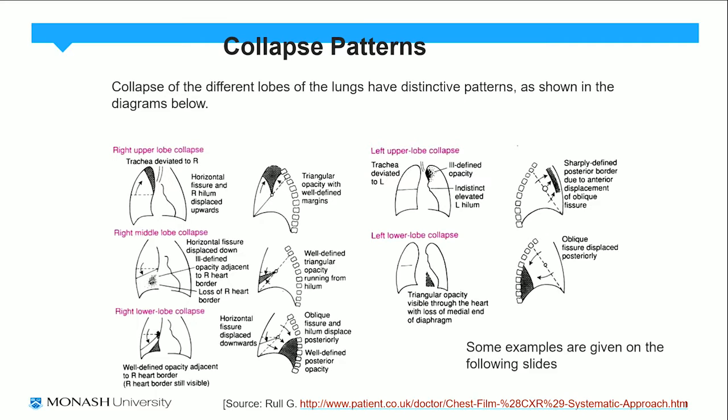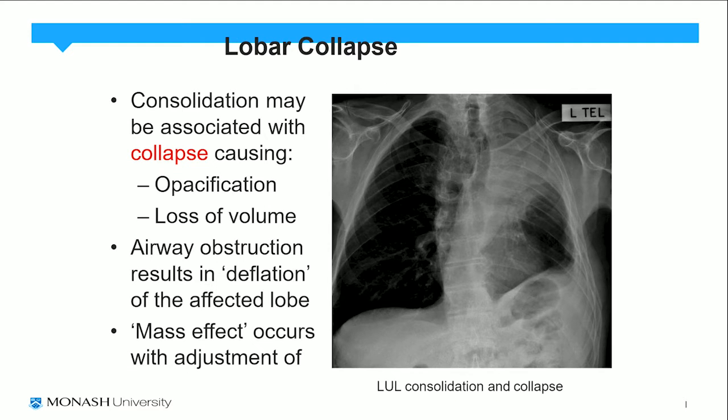And if we look at the left upper lobe, ill-defined opacity, and then also if you remember that the upper lobe makes up most of the left lower lobe, so having sharply defined posterior borders as well. So this is a very useful slide to consult if you are looking at possibilities of collapse.